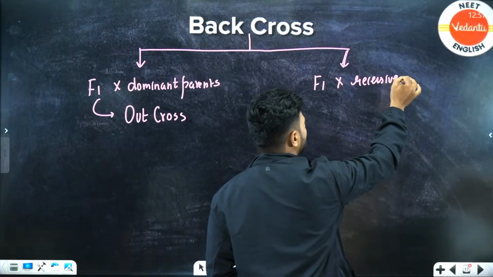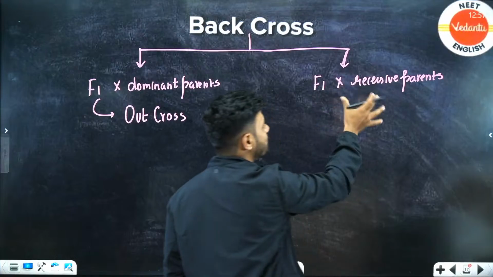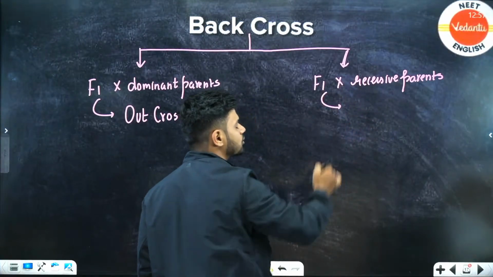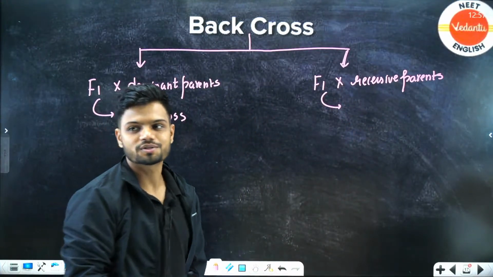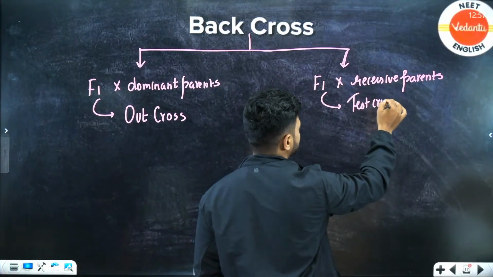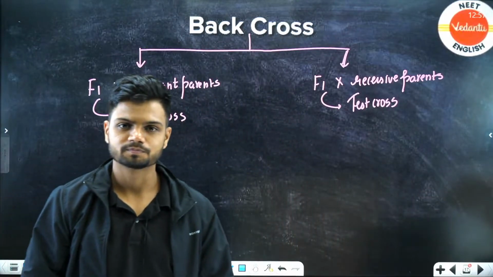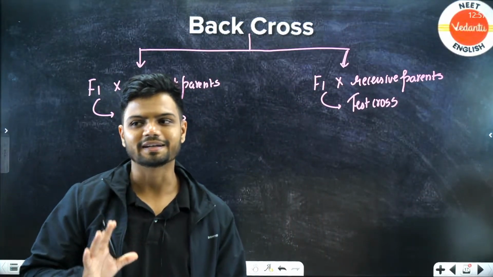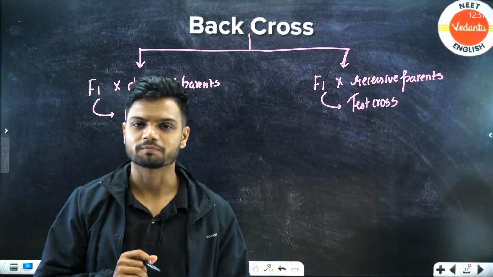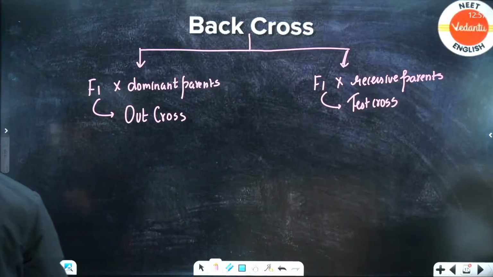When we cross the F1 plants with recessive parents, such a cross is called a test cross. Clear? Outcross and test cross. Any doubt here, quickly ask me.